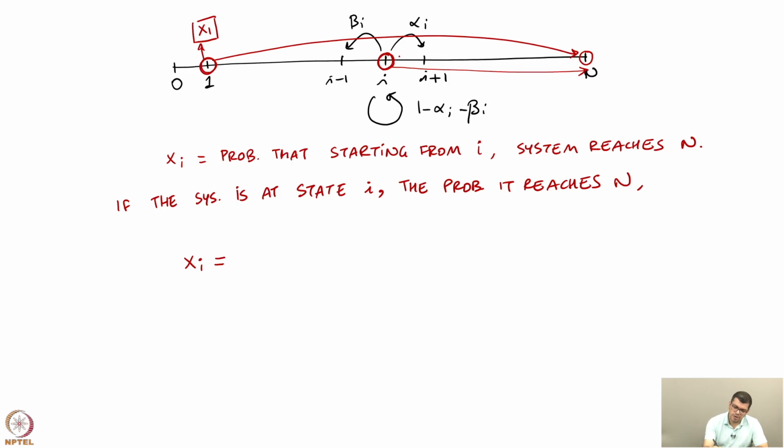It can go from I to I plus 1 with probability alpha I, or it can go from I to I minus 1 with probability beta I. So, it reaches I minus 1 with probability beta I, but then if it reaches here, the probability that it reaches n is no longer xi, it is x I minus 1.